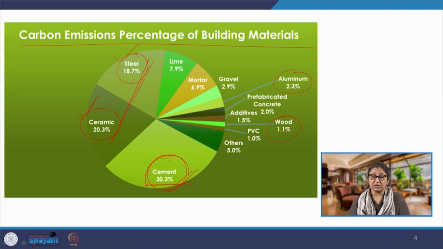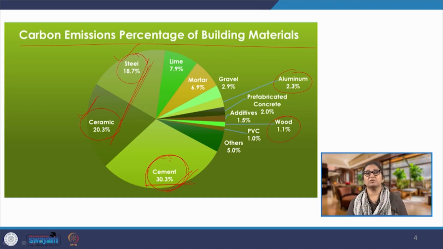So, what we are actually seeing is that cement is largely going into concrete, plus of course the mortar. If we can find a replacement for cement for making the same concrete, getting the same strength, then we would be able to reduce emissions significantly.